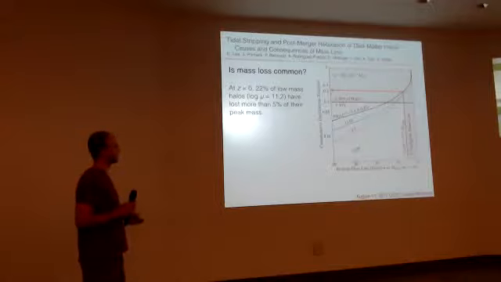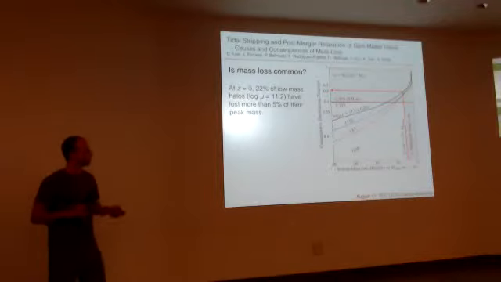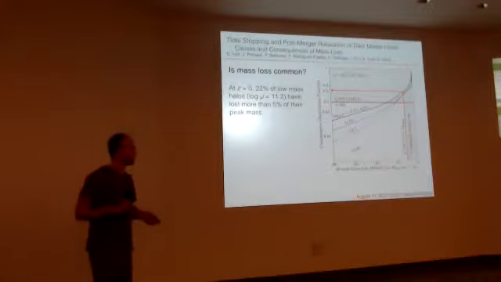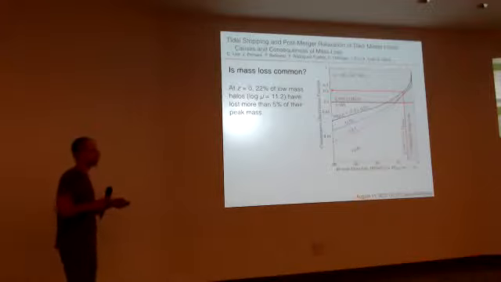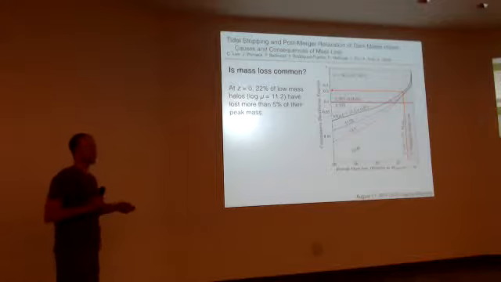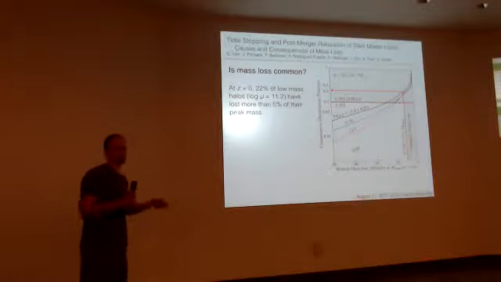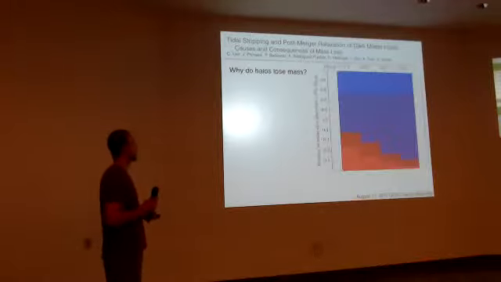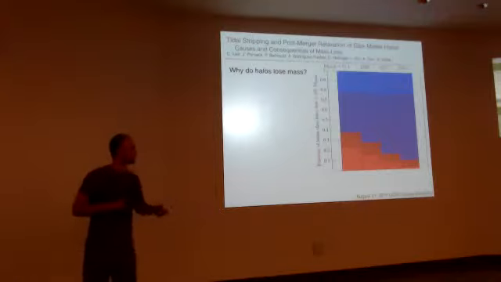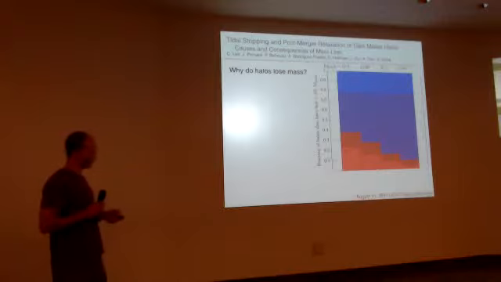We can also look at this for the higher masses of halos, and it's less, but it's still a lot of halos, more than 10%. So maybe roughly 15 to 20%, depending on the mass, of all halos have lost more than 5%, and these are the ones that we're considering to be halos that have lost mass versus not lost mass as far as our analysis goes.